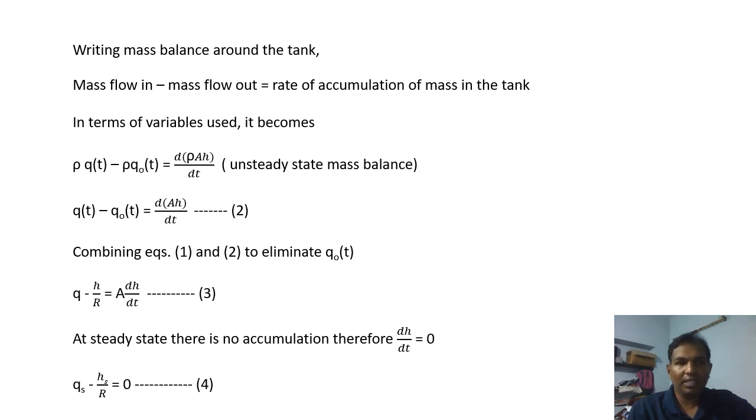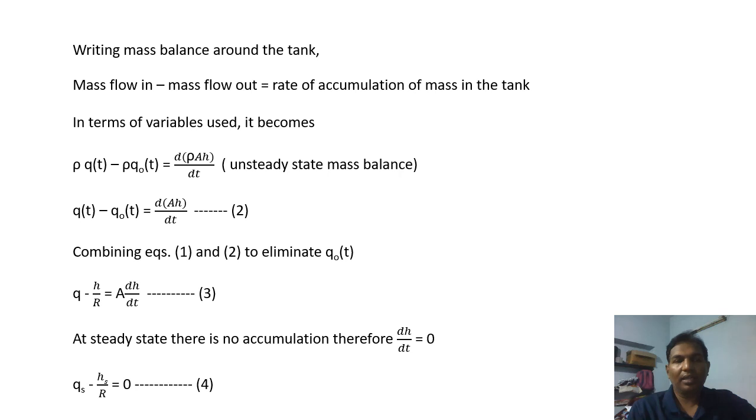Let us see the first term, the mass flow in. Here we have the volumetric flow rate and density. When you multiply the density with the volumetric flow rate, that gives you the mass flow rate. The mass can be written as density into volume.